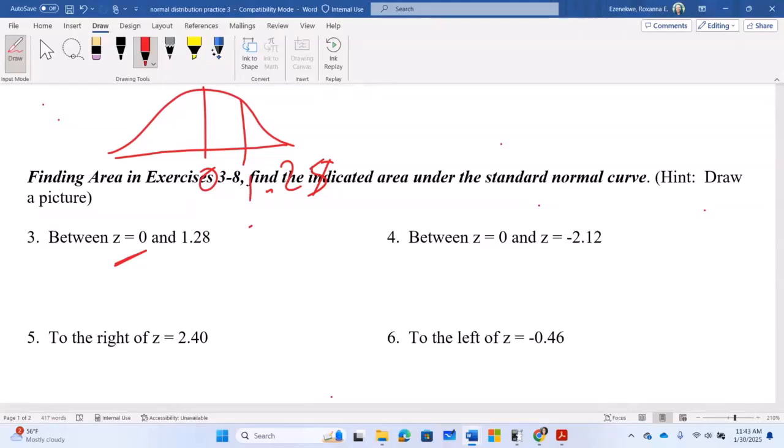But if you know how to use your calculator, you just say you're looking for the area under the normal curve between 0 and 1. You say normal cumulative density function. I'm saying that a lot of times today, because this is the first time we are doing it, and I'm repeating it to make sure you know it. You must know how to do this. So, lower bound, the smaller number.